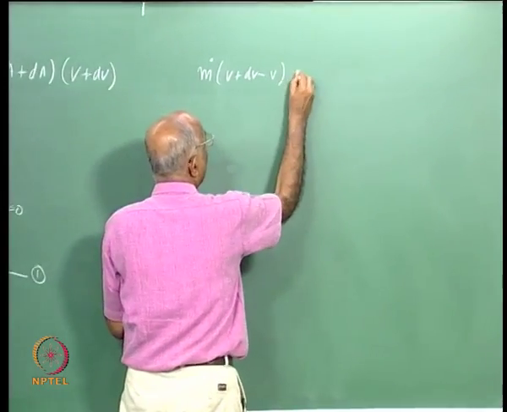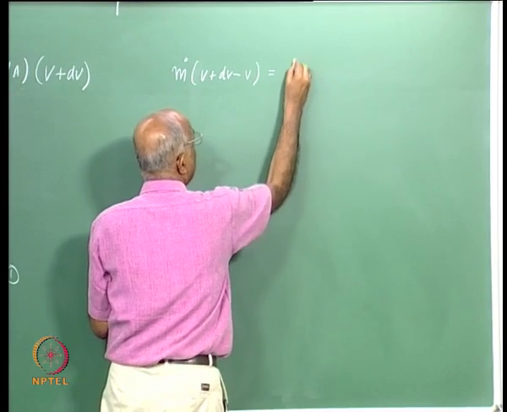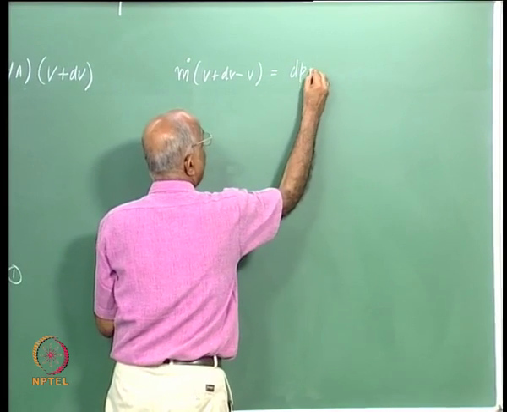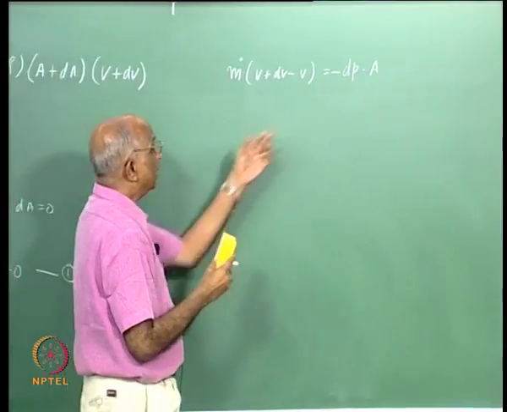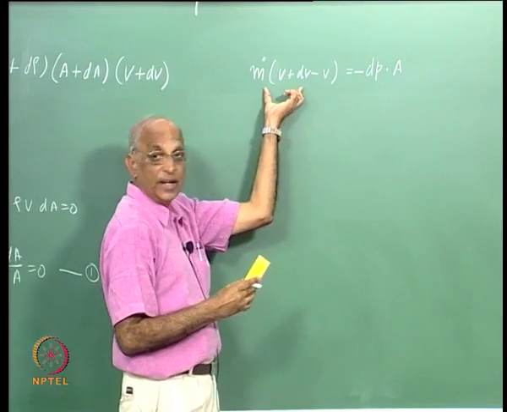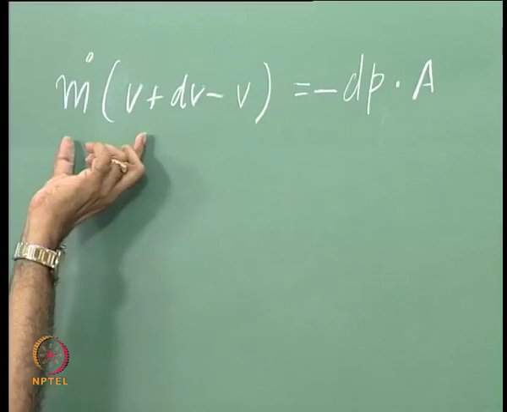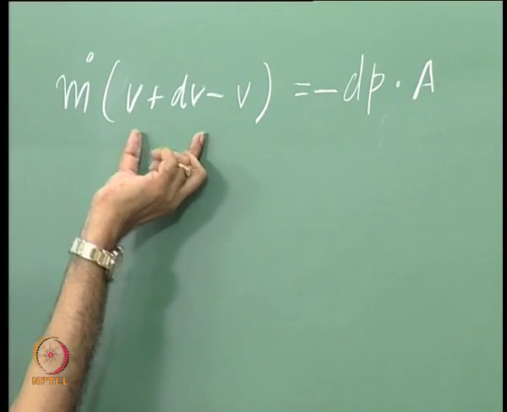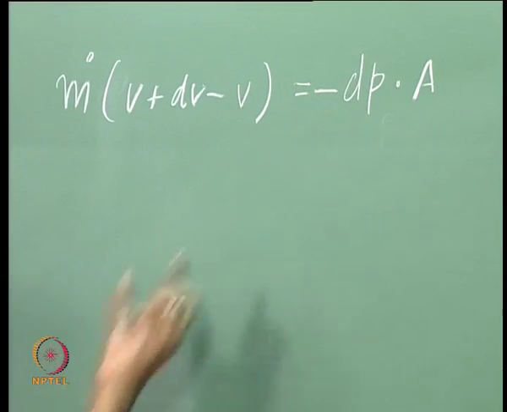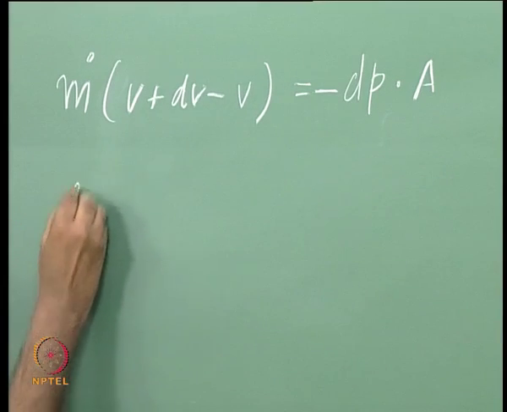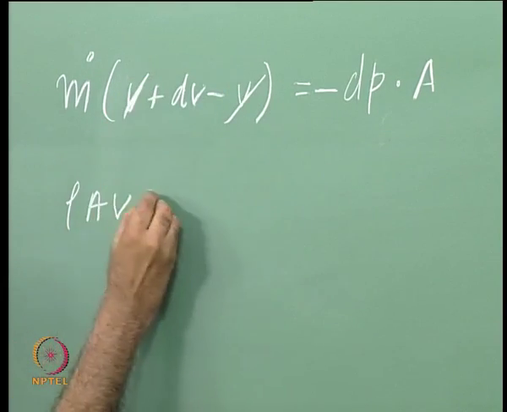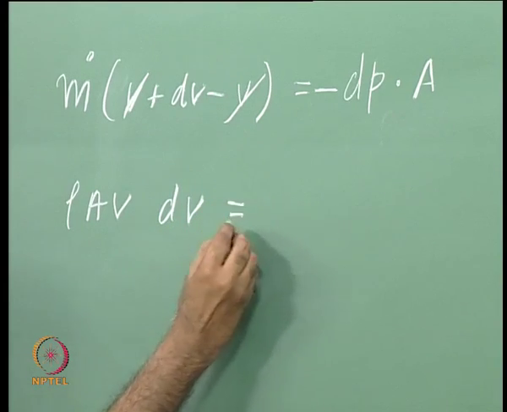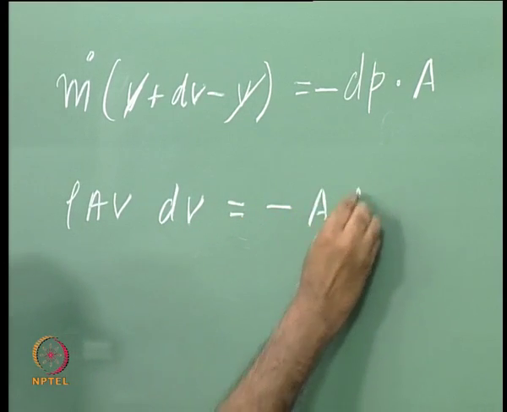And what is the force? I have the change in pressure across, dP, and the area is A. Since dP is higher, the force acts in the direction of change of momentum, and therefore mass into change of velocity is equal to the force. And what is m? m is equal to rho AV, and the V and V get cancelled, so rho A V dV is equal to minus A dP.